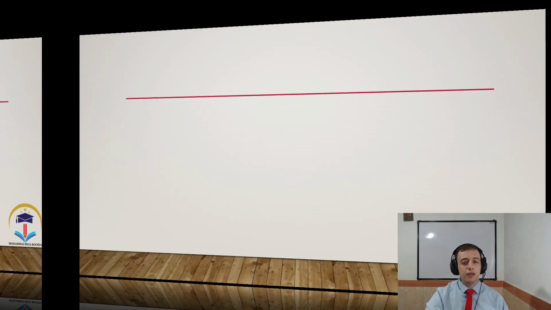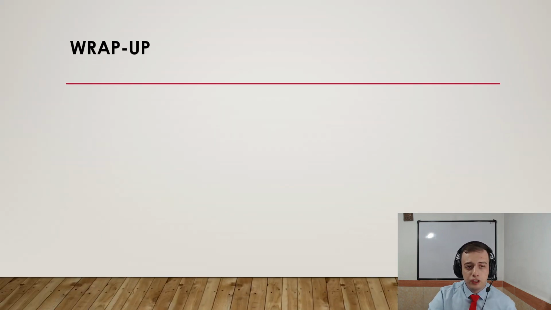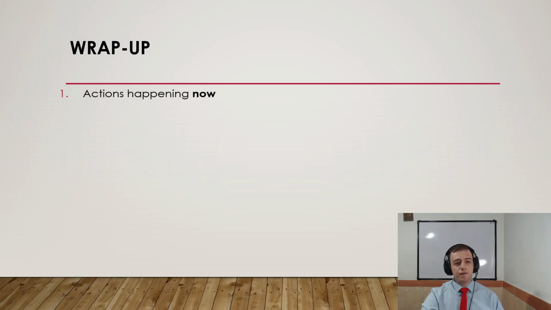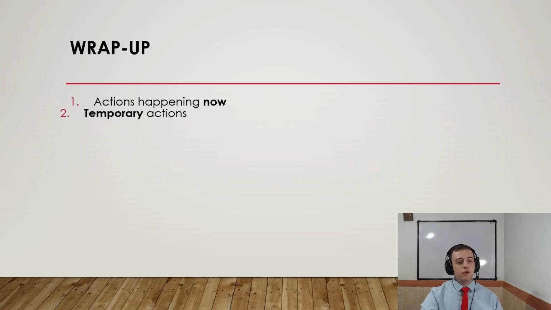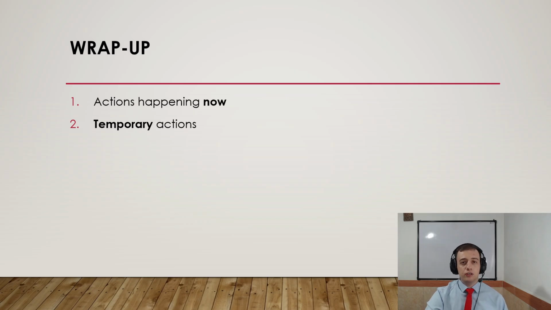All right, so now let's have a review. The first function was actions happening now, right? For example, I am recording this video for you, my dears. The second was temporary actions. For example, I am doing my homework. It means that I will finish it. It is temporary, not completed, but it will be finished.